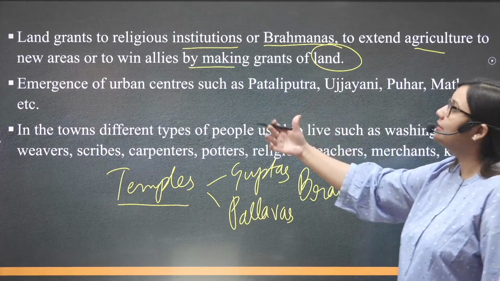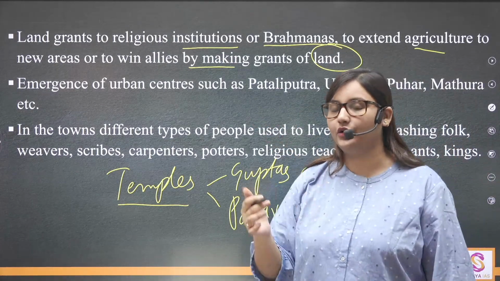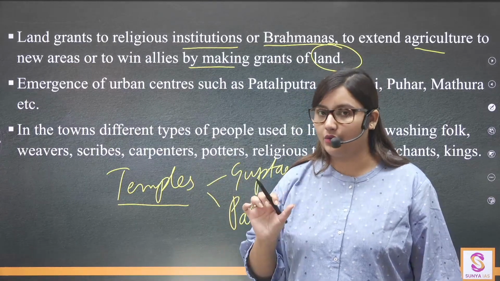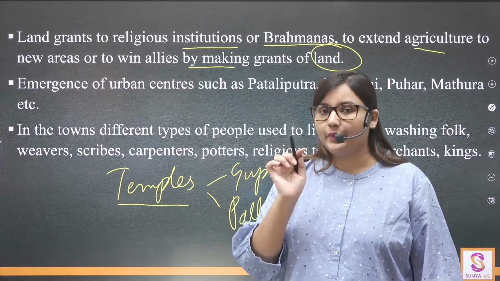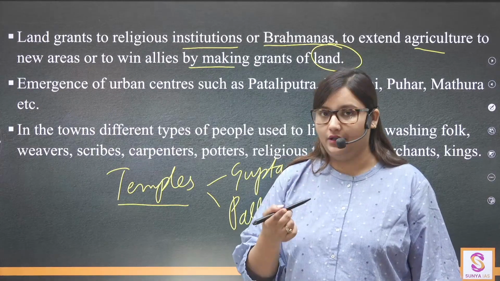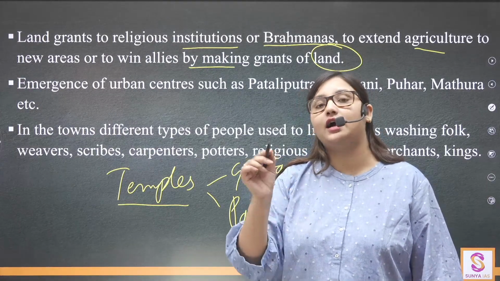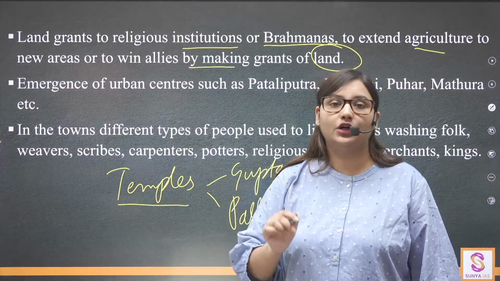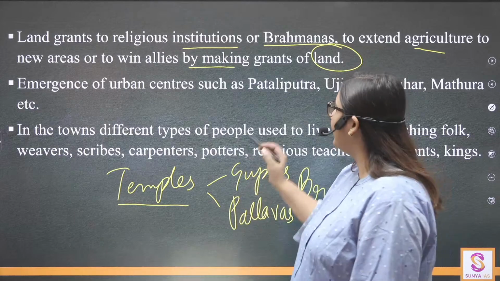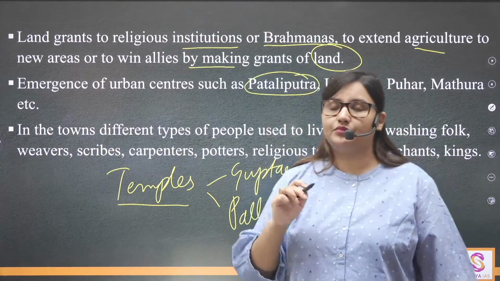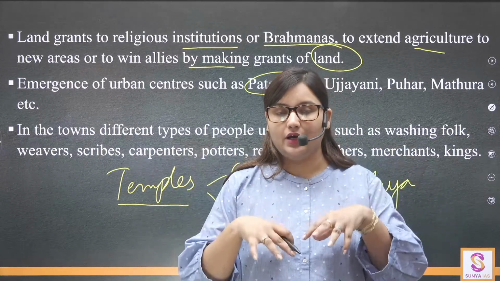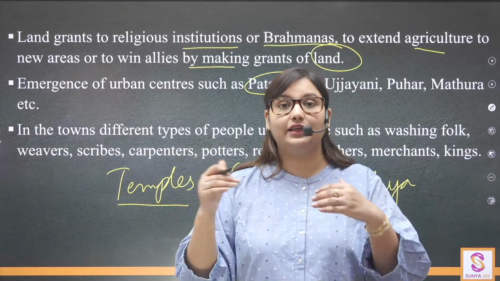Emergence of urban centers happened. As I told you, we will talk about the 16 Mahajanpadas separately today. If you remember, yesterday I was talking about Magadh. Magadh initially had Rajgir as its capital. Then the capital was shifted to Patliputra. Why Patliputra? Because in this area, 5 hills and 3 rivers were situated around Patliputra.